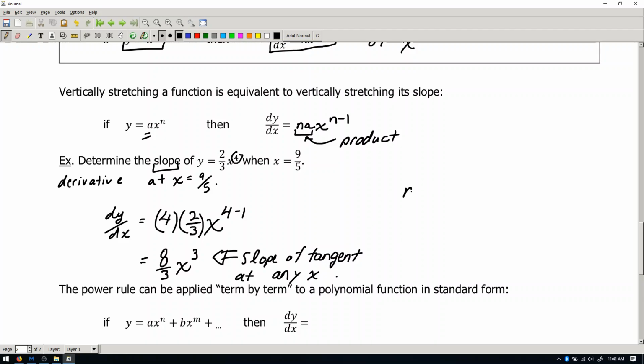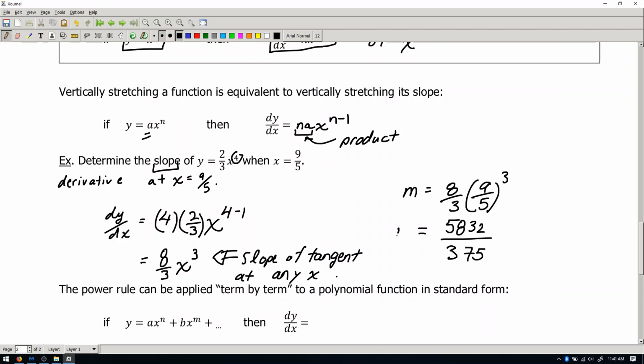So to get the value they want, you just go m equals, and you plug in 9/5 cubed. Okay, and that's what you get. So then if you were to evaluate that fraction, you get a ratio. 729 times 8, so you get 5832, and then 125 times 3 on the bottom, 375.